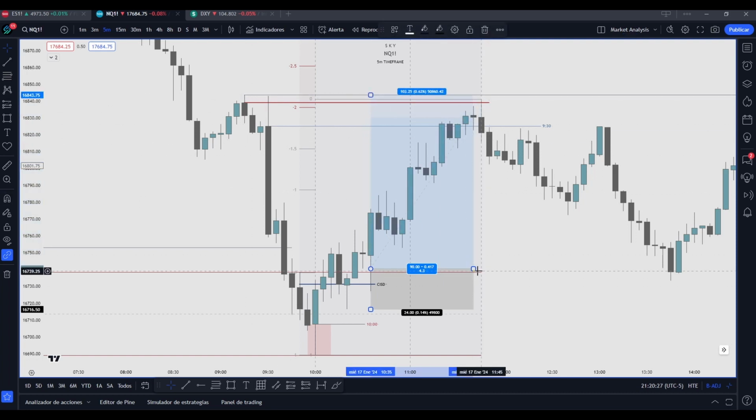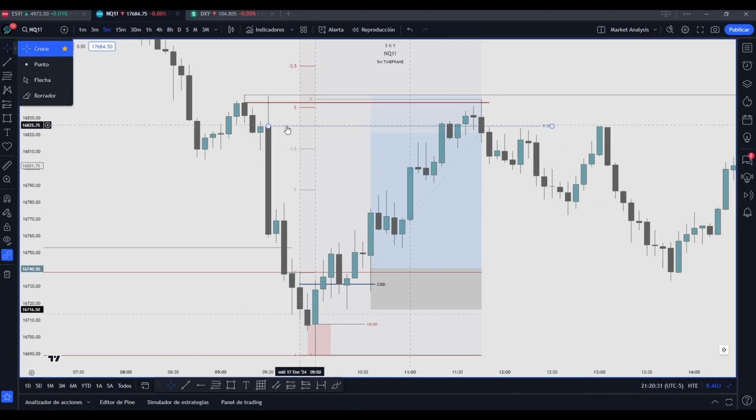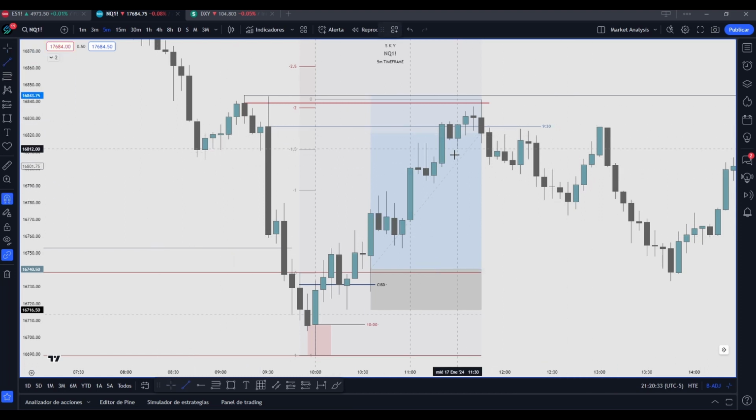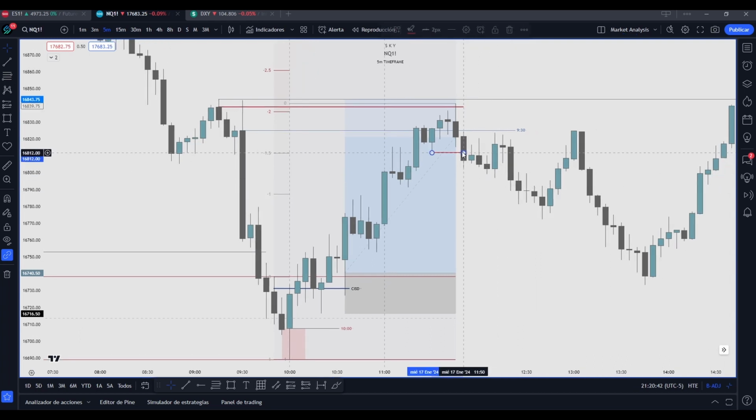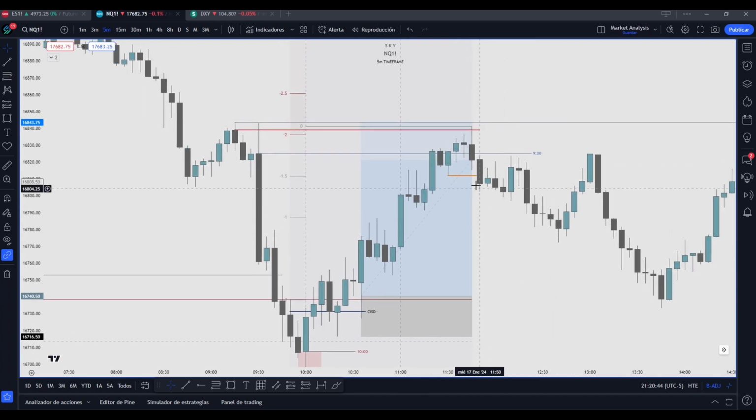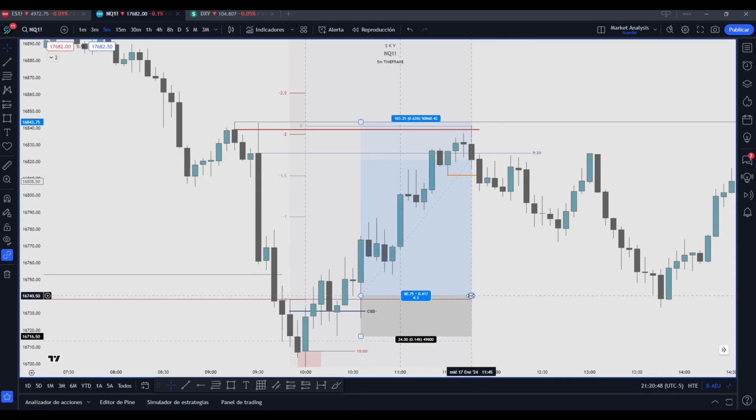You target this for risk to reward, and price didn't reach. I would be placing stop loss on this intermediate term high, because I wouldn't be wanting price to break this intermediate term high if institutional order flow is still with me.